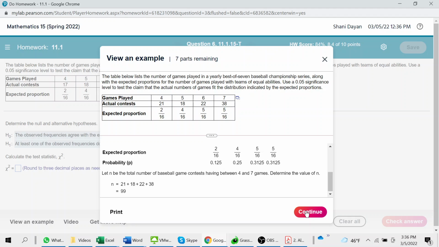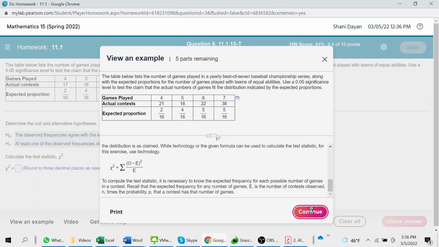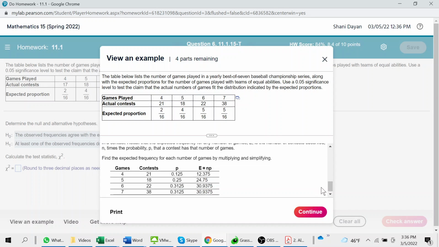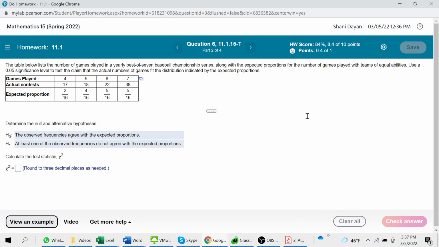Games played. Actual frequency, expected frequency. Okay, got it.